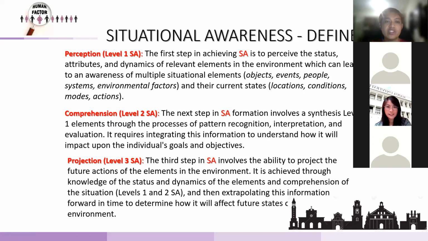The next one is what we call comprehension. Look at this one. This is the synthesis of elements through the process of pattern recognition, interpretation, and evaluation. That's why papers that focus on situational awareness nowadays combine it with artificial neural networks, because they involve pattern recognition.